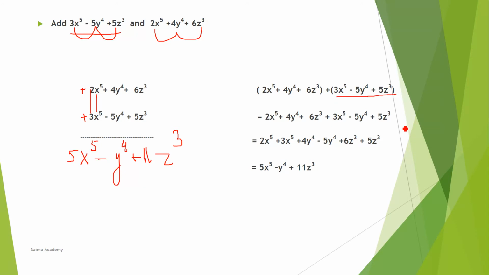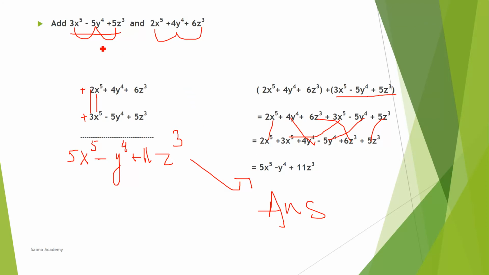All the signs will remain the same. Then you have to arrange in order. This is x^5, bring x^5 together, x^4, x^4 and then z cube and 5z cube. When you subtract or add, the answer is exactly the same as what we have here. So this is our answer: 5x^5 minus y^4 plus 11z cube.